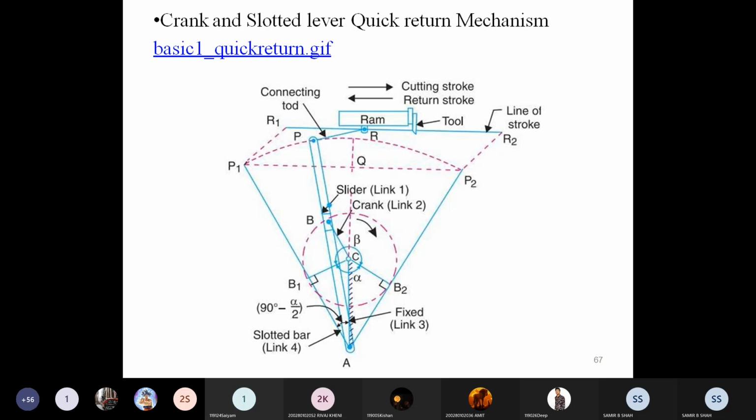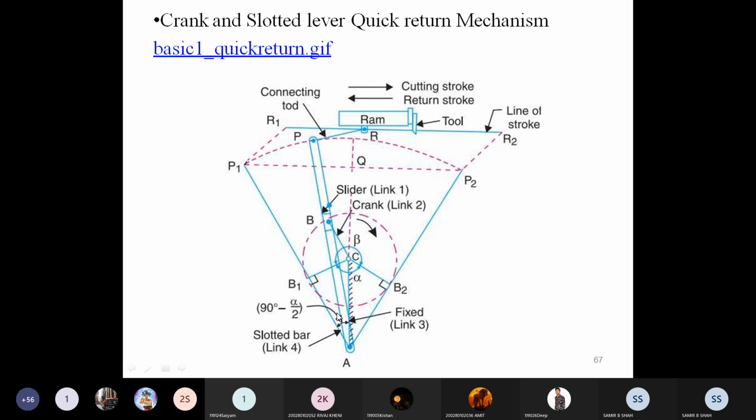The slotted arm has an accelerating motion with respect to point A. AO is fixed. Here AC is fixed, which is known as link 3.